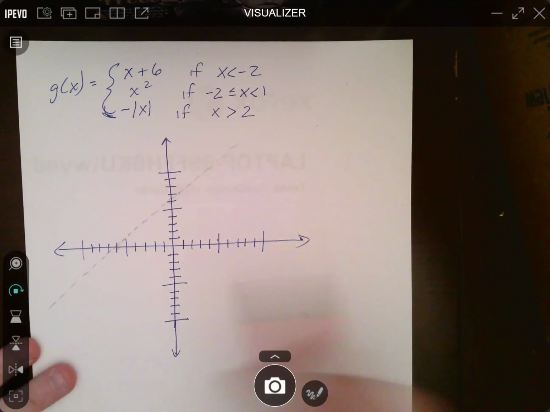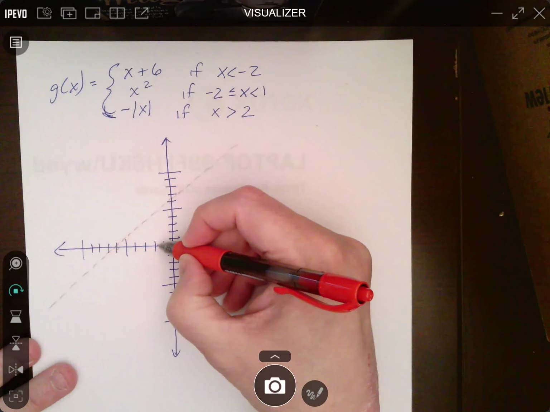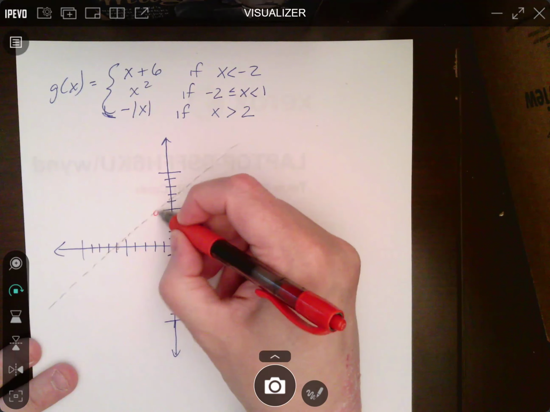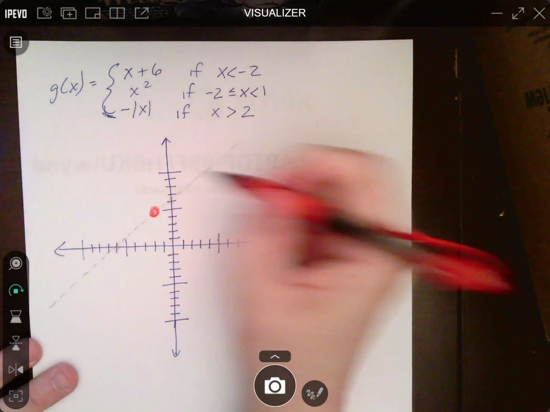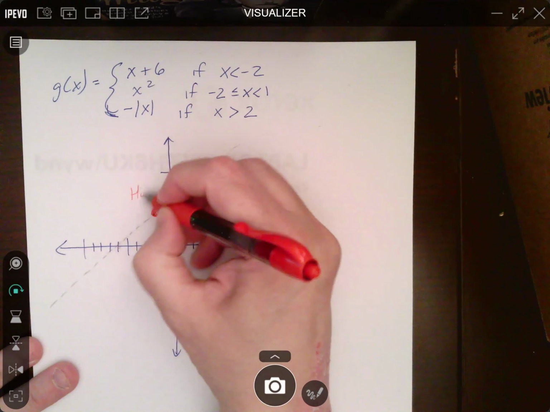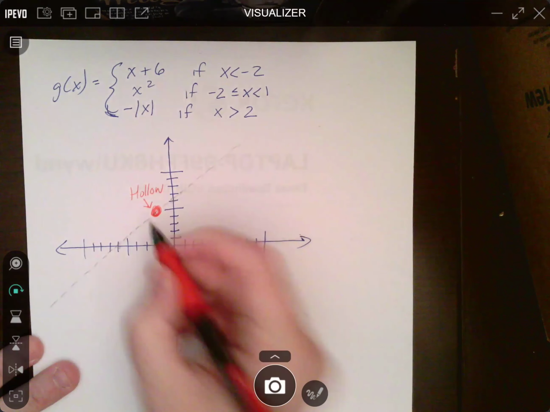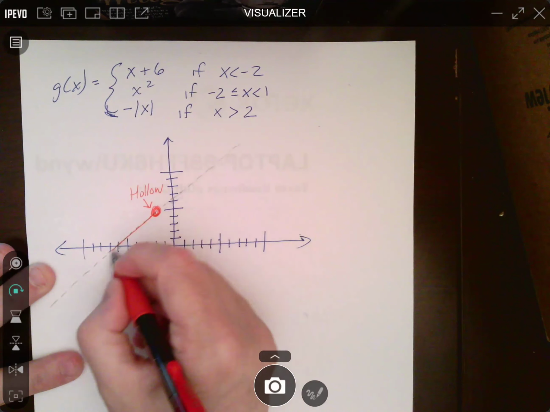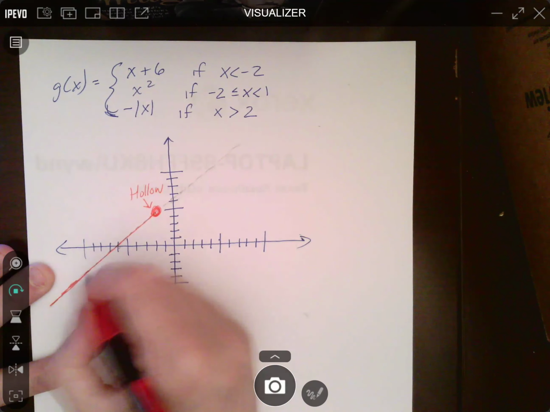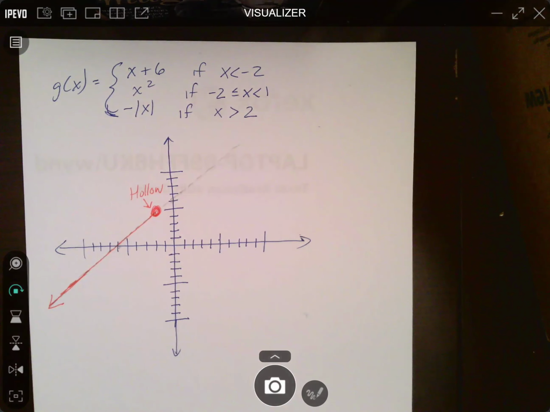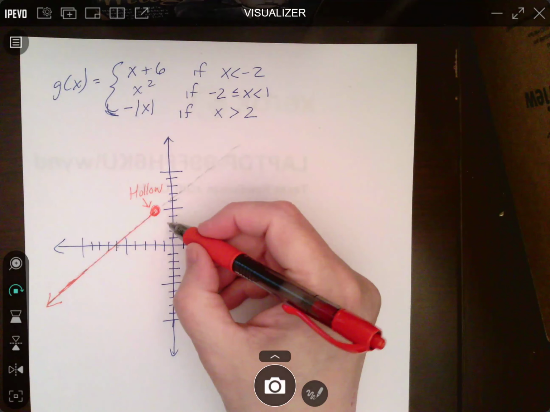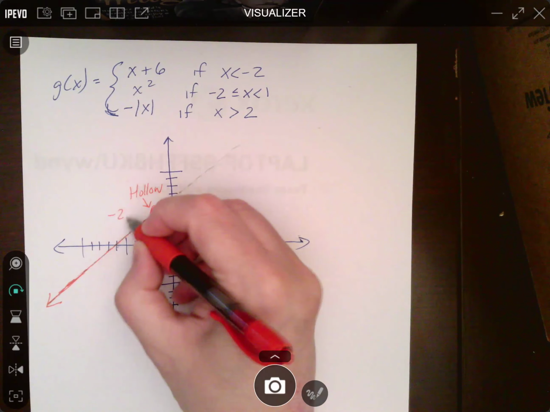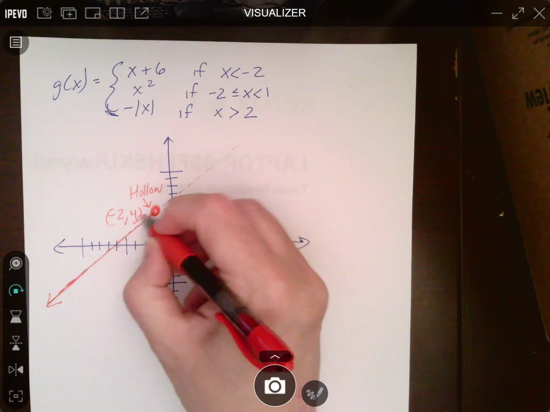And then I can see it only applies when x is less than -2. -2 is right here on the graph, so I'm going to make it hollow. And then we're going to go like that. This should be at the point -2, 4 where it meets that.